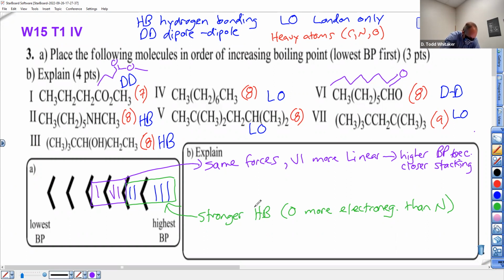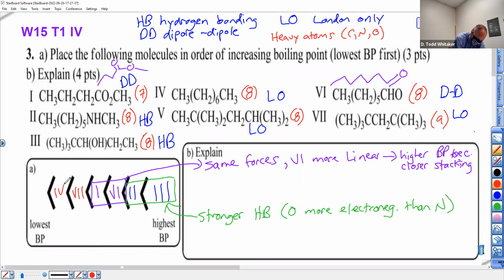Yeah. And then we got the hydrogen bonders done. We have the DDs done. Now let's look at London only. We got 3 London onlys. Why is VII top dog in that category? VII is top dog. And then it's going to be IV.